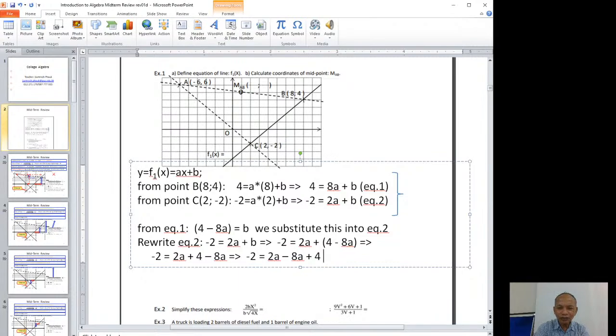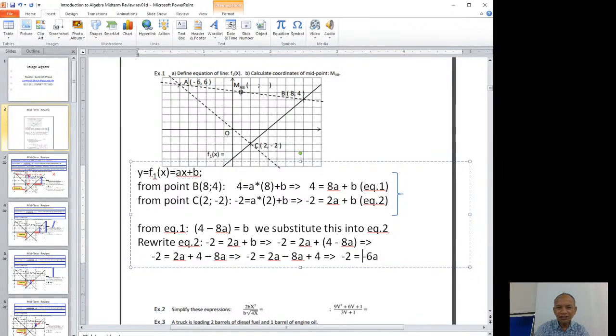So negative 2 equals 2a minus 8a, which means minus 6a, or negative 6a.